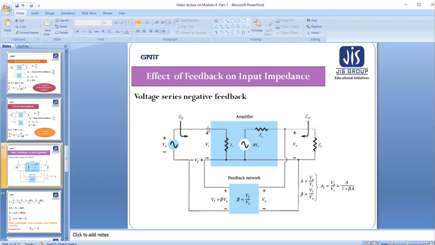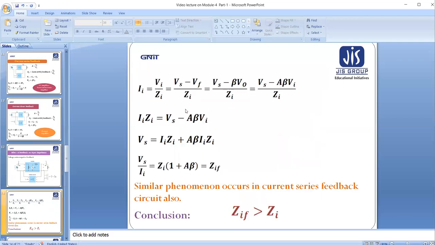From this portion the input signal is VI, but at this portion the input signal is Vs. So Vi is produced due to the subtraction of Vf. Therefore I can say the input current II equals Vi by Zi. Now Vi means Vs minus Vf, and Vf can be written as beta into V naught.